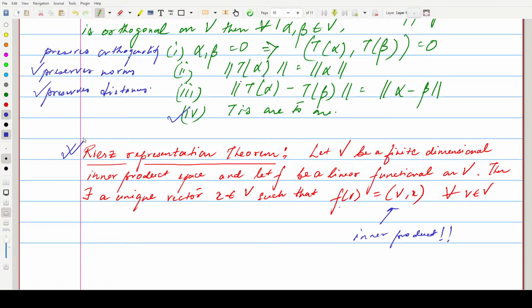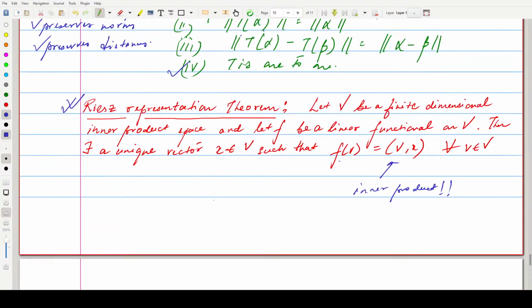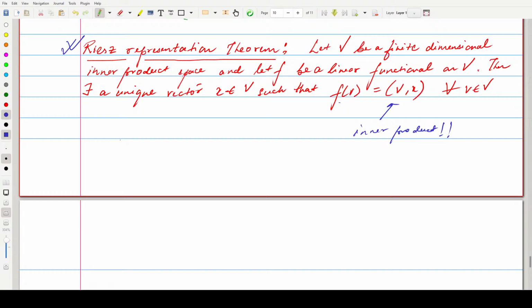Because essentially, remember that whenever we are going over the bracket notations, so let's see, this is alpha, beta. So this is essentially our standard inner product in H2, right?